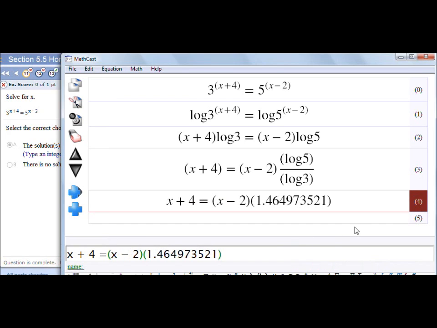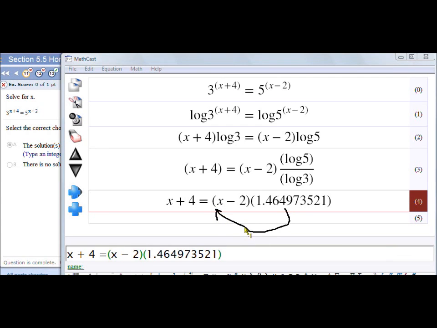So, at this point, I'm going to turn this over to you, since this is now a simple algebra problem with a really nasty decimal here. And so you will need to distribute, and let me just make a note here. You'll need to distribute this over to the x, and also to the negative 2.